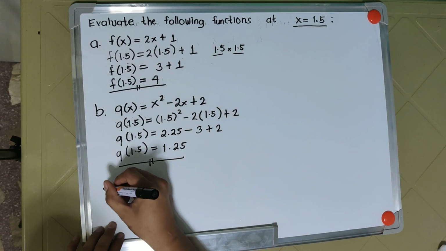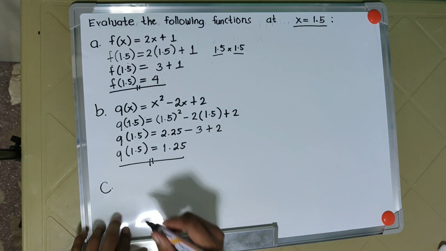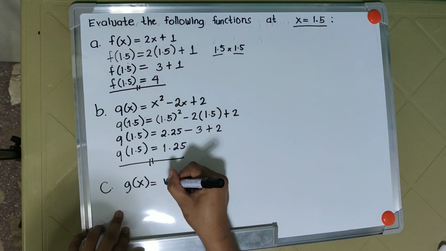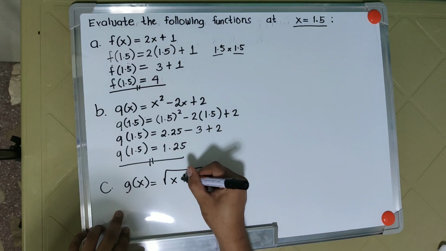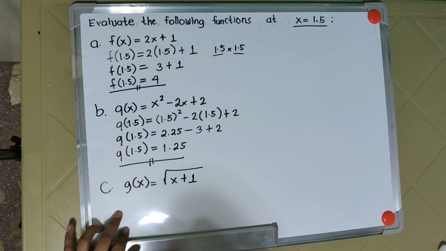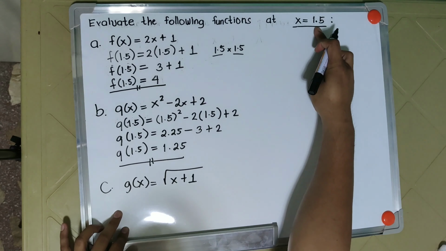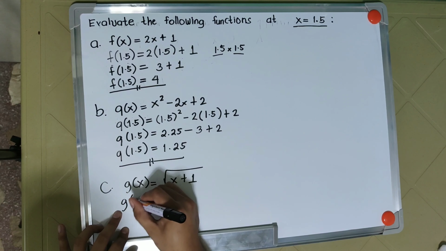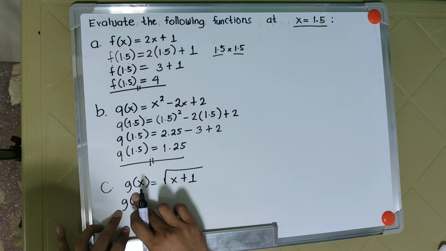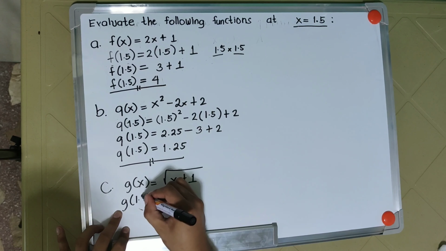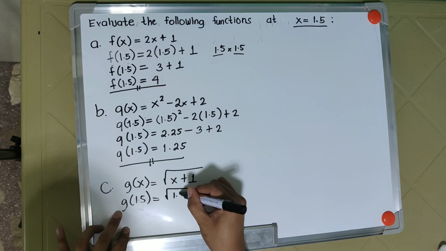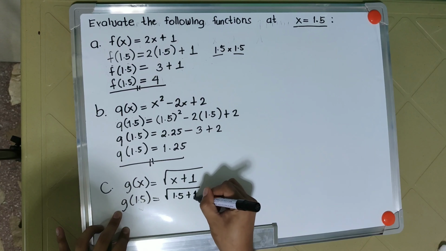For letter C, it's just easy. Ano yung say natin? The g of x is equal to square root of x plus 1. Ano yung first step natin? Again, we have to substitute the value of x as 1.5. Do not change anything from the equation. Oops, kamali ako. So, g of 1.5 is equal to square root of 1.5 plus 1.